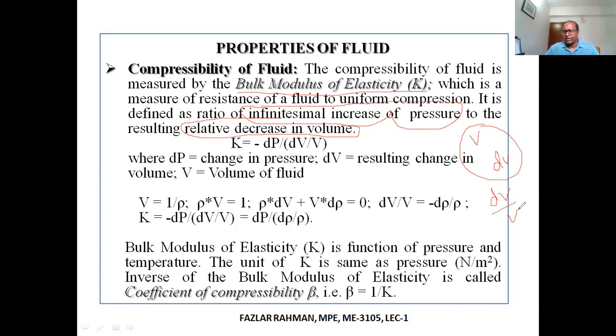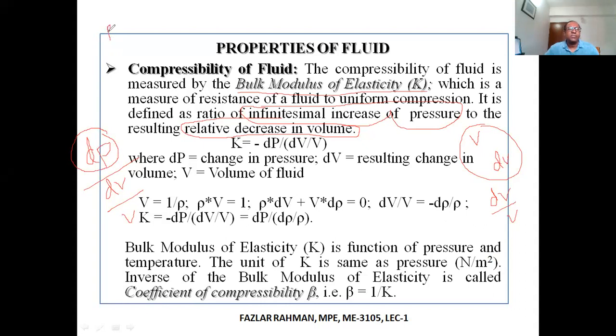So here it says infinitesimal pressure, a very small pressure. Say you increase the pressure by delta P. Then what will be the relative decrease in volume? That will be delta V divided by V. And this dP, I will figure out.